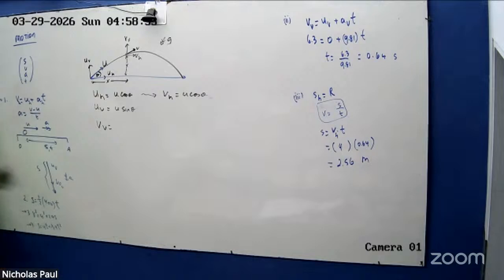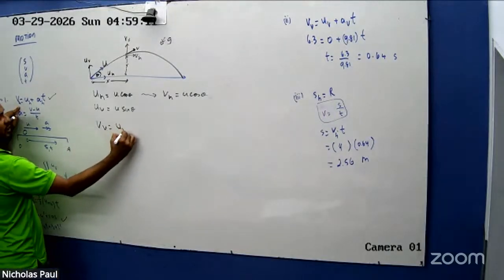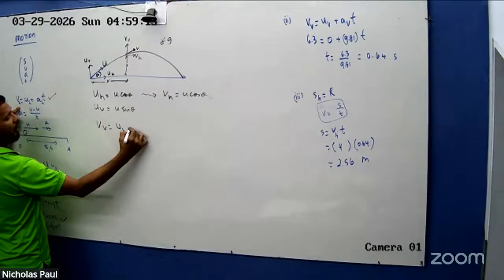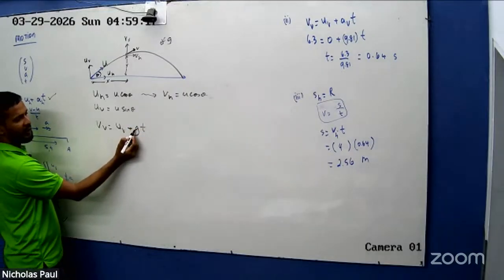So I have to consider one of these equations. How do I find the vertical velocity? I could use this or this, it doesn't really matter. Let's say I use this one here: vertical velocity will be initial vertical plus acceleration by time. Should this be a plus or a minus?